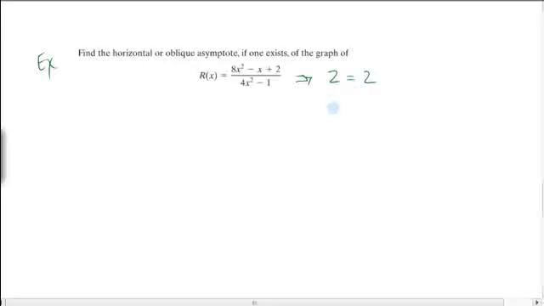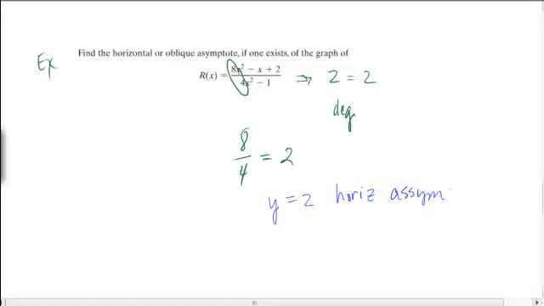Anytime the degrees are equal, we are only going to be interested in their coefficients. So I'm going to rewrite this as 8 over 4, which is actually 2, and that becomes my equation for my horizontal asymptote. We just take the 2, we rewrite it as y is equal to 2, and that's how I get the horizontal asymptote.